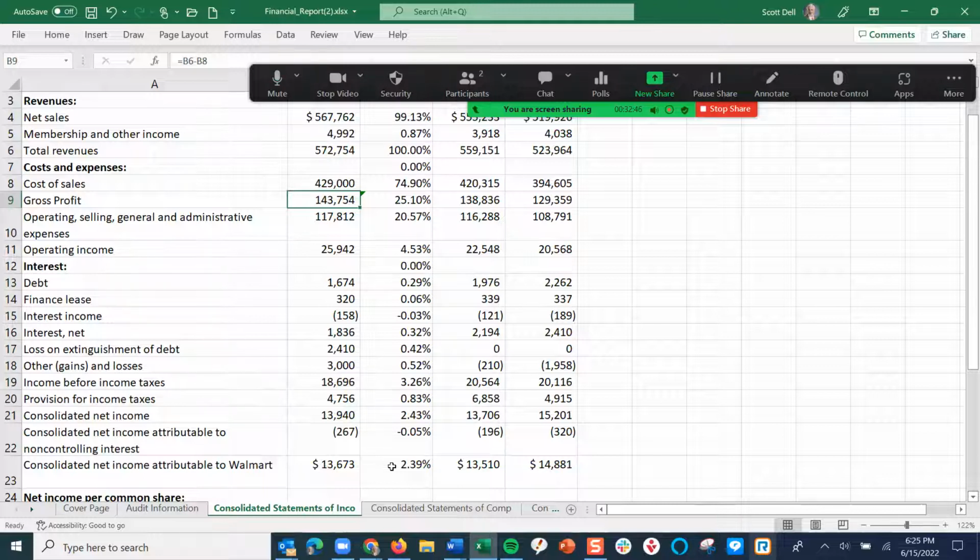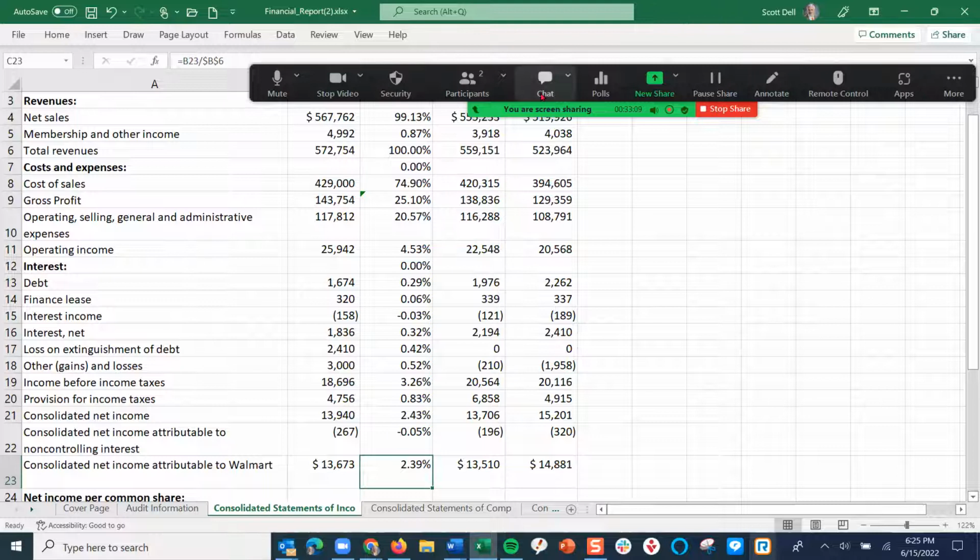Less than a nickel. Overall, because I'm adding all my other expenses, SG&A and operating expenses, and I have my debt, my interest, and all the other expenses associated with that. So if I ask what's my gross profit percentage, here's my answer: 25%, 25.1. If I ask what's my net income percentage, 2.39%.